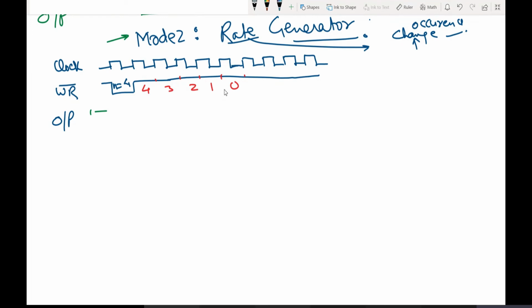Fine, but what change are we going to have? Now, I'm drawing the waveform. Just tell me what you are getting from this waveform. So what just happened? Can anyone tell me what this output is telling us?